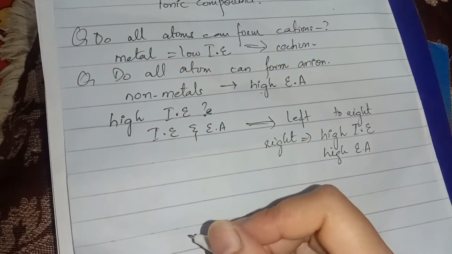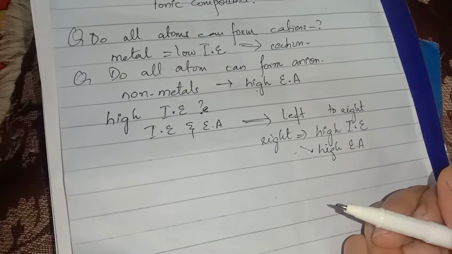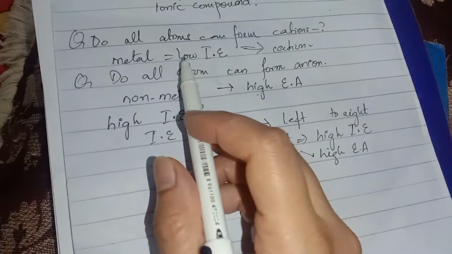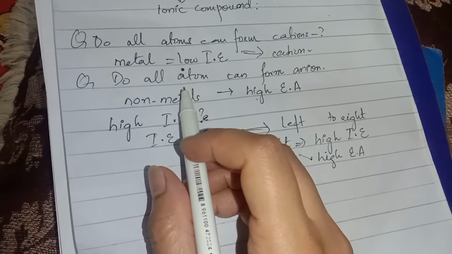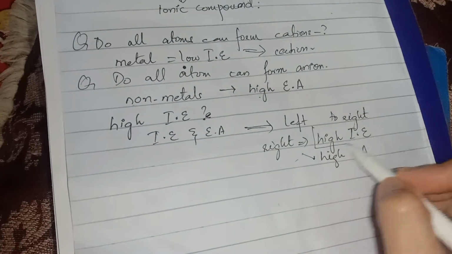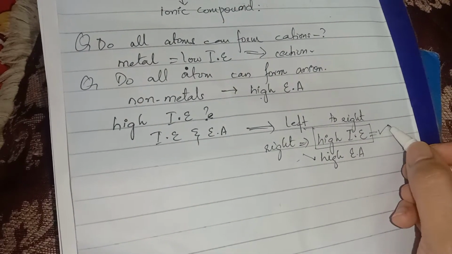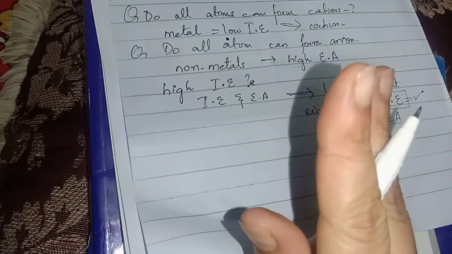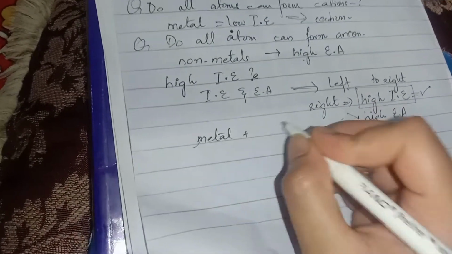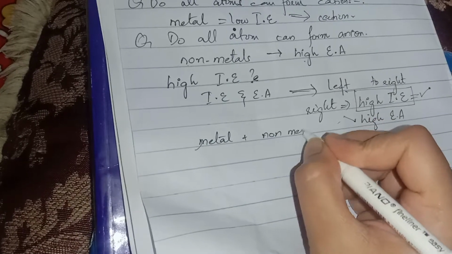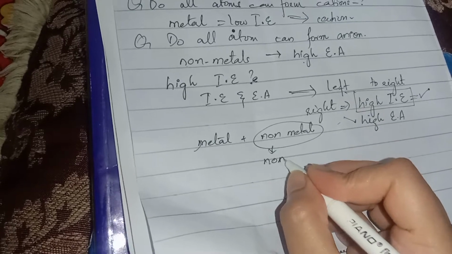We have studied what kind of bonds would be formed when there is high electron affinity, and what kind of bond there would be when there is low ionization energy. But now the question arises: what would the bond be called when the ionization energy is high? Or in other words, we have studied that metals and non-metals react together to form an ionic bond. But what will happen if a non-metal reacts with a non-metal?